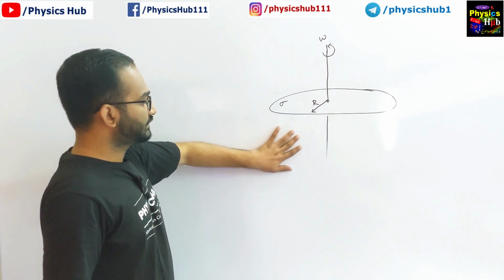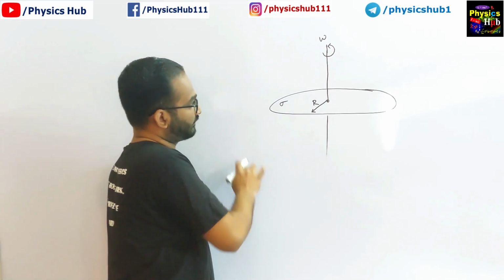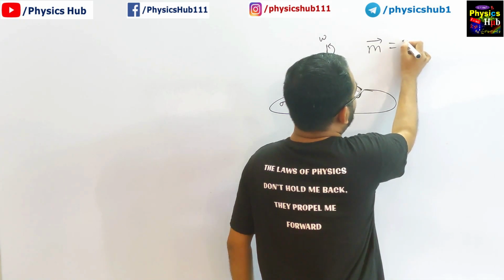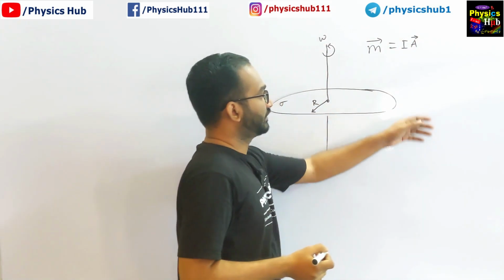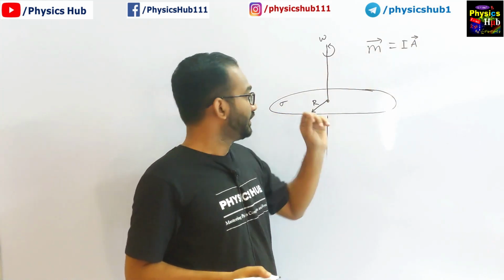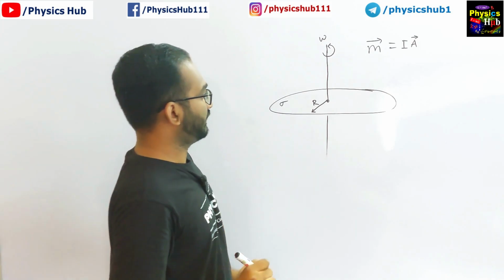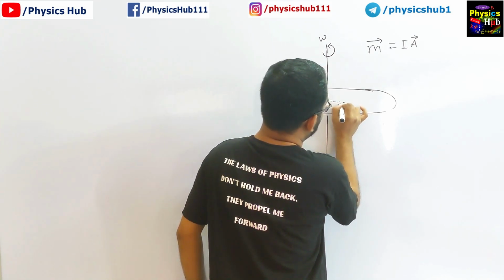To calculate this, we know the magnetic moment formula: mu or m is equal to I into A, where A is a vector, or sometimes you can write I into A into n cap. Now for this type of continuous case, how can you calculate? To calculate that, we take a strip at some radius, let's say r.